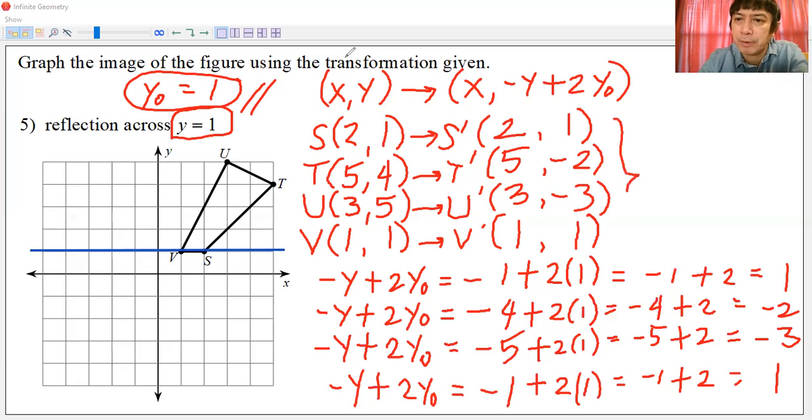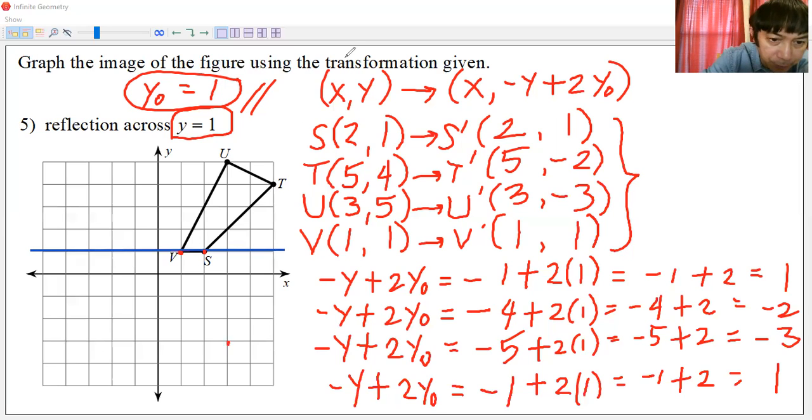All right, so we have the points for our image. Let's plot the points. Where is 2, 1? Notice S and S prime are the same, and V and V prime are the same. So notice that: 2, 1, and then 1, 1. All right, so that means we'll be using these 2 points here. And then our U prime is 3, negative 3.